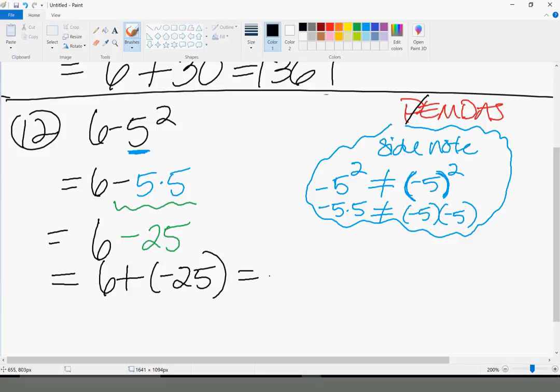Which is bigger, 6 or 25? 25 is bigger, so our answer is going to be negative, and then we just want to find the difference between 25 and 6. So 25 minus 6 is 19, so the answer for this problem is negative 19. Okay? Any questions on this problem?